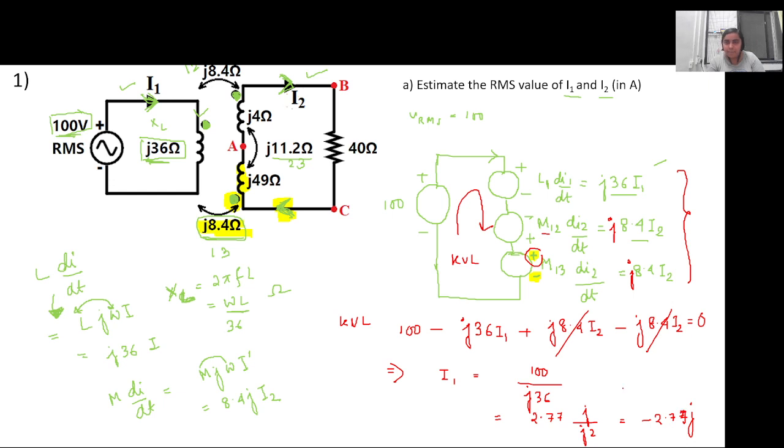Is it fine? So the RMS value of I1 will be equal to 2.77. Since the phase of the current vector is not asked, you don't need to calculate it. If it is asked, you convert minus j into angle and you can write accordingly, right?